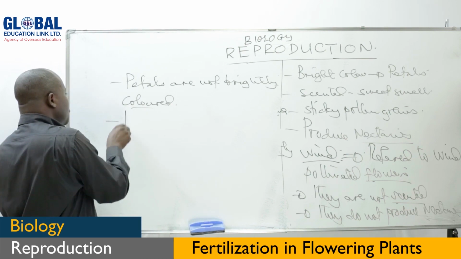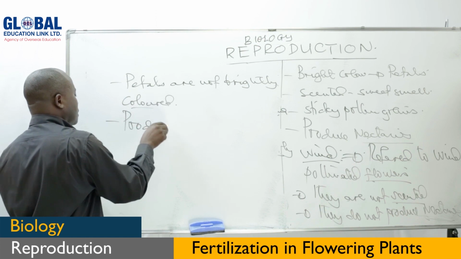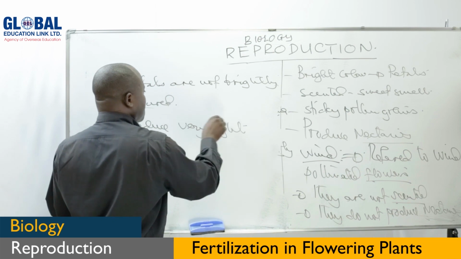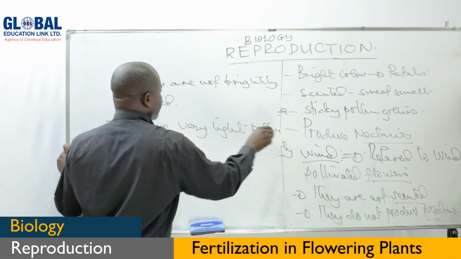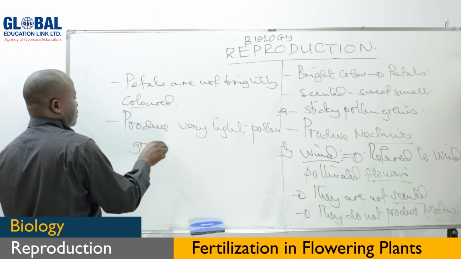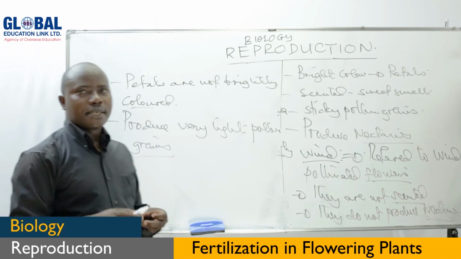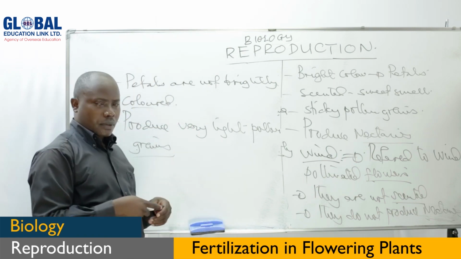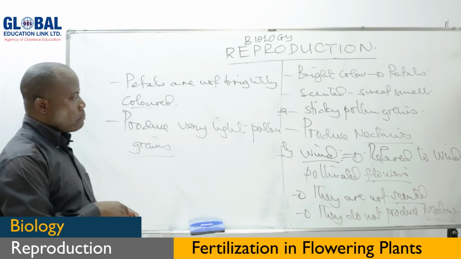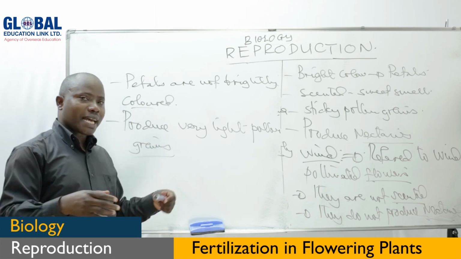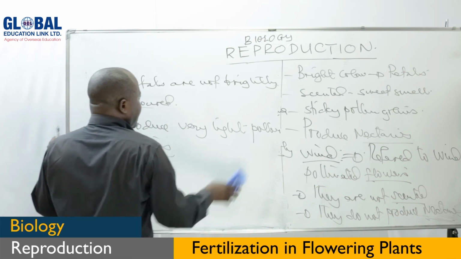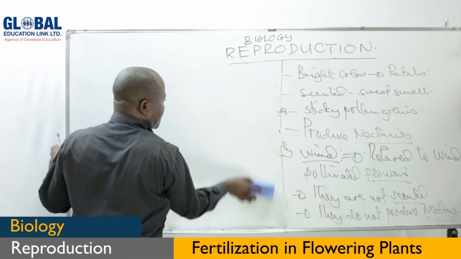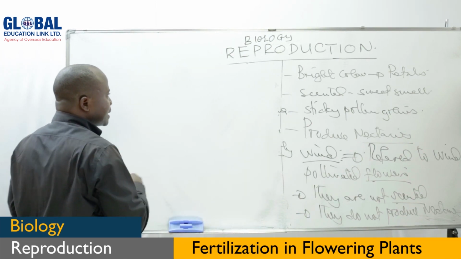But also, they do produce very light pollen grains, which can be carried easily by the blowing wind. These are just a few. I'm sure you remember more than these features. You can add them. If that's the case, pollination has another aspect, that is types of pollination.